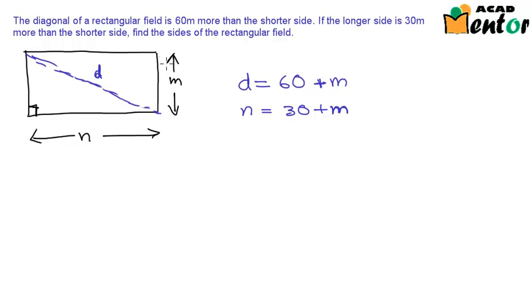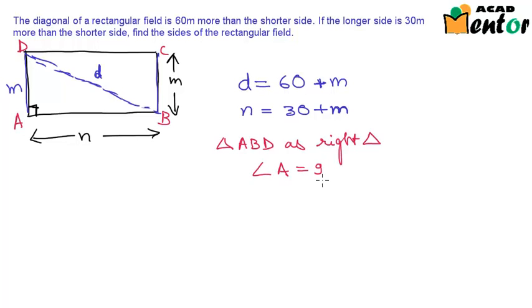We also know that if this side is M, so this side would also be M, and we see a right angle triangle here. Let me just name the rectangle. If the rectangle was ABCD, then we have triangle ABD as a right triangle where angle A is equal to 90 degrees, and we can easily apply the Pythagoras theorem.